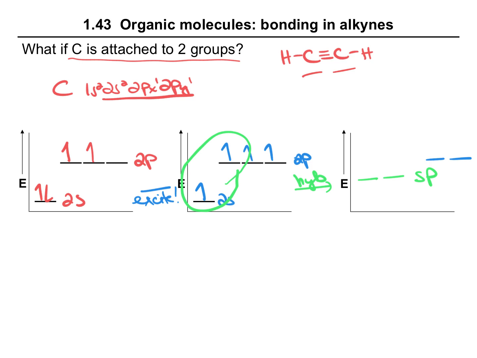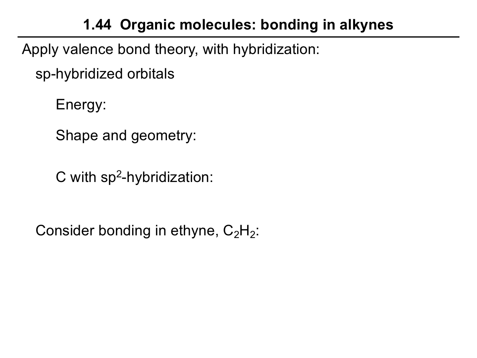Fill in our electrons, and we have 2 electrons in the sp and 2 electrons in the p orbitals. With our half-filled sp orbitals, we can form 2 sigma bonds, and with our half-filled p orbitals, we can form 2 pi bonds.